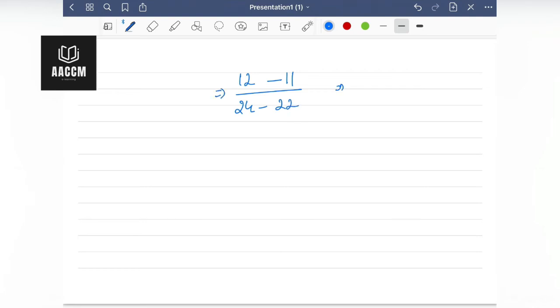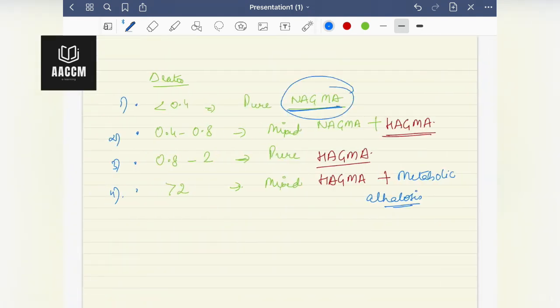So the ratio here will be less than 0.4, or it will be more close to 0. So there is no mixed disorder here, and the diagnosis is only normal anion gap metabolic acidosis because there is no change in the bicarbonate values.